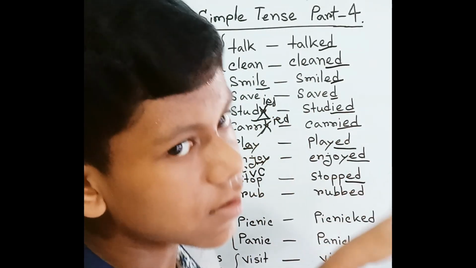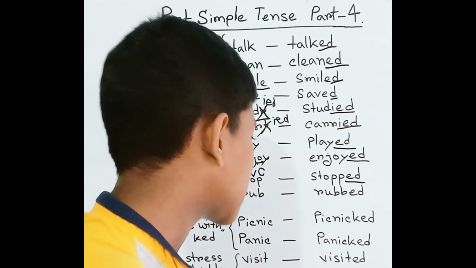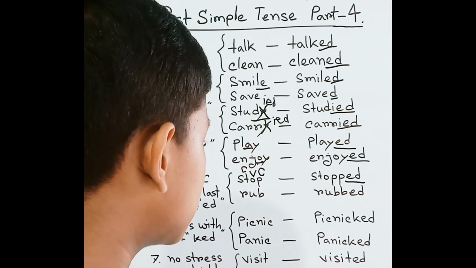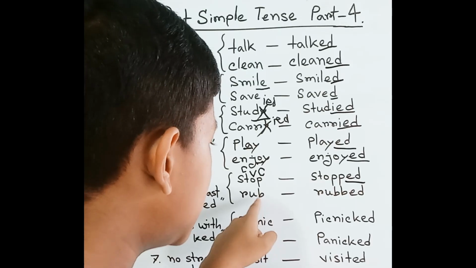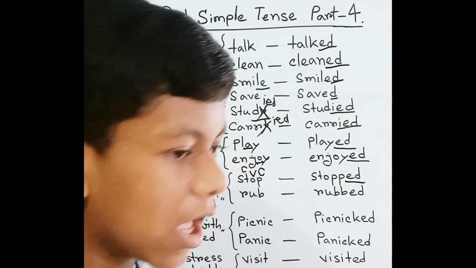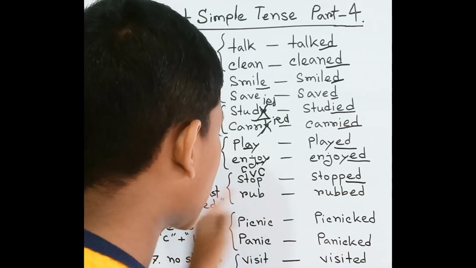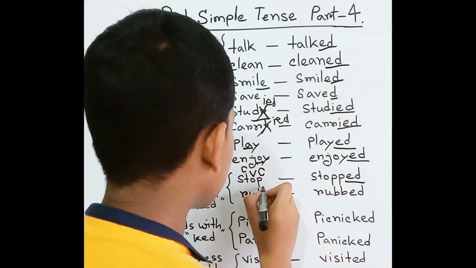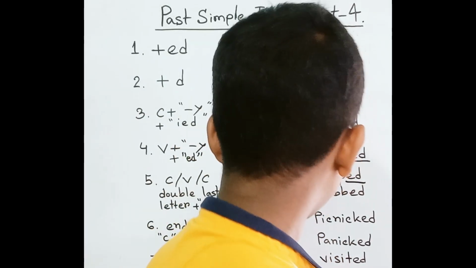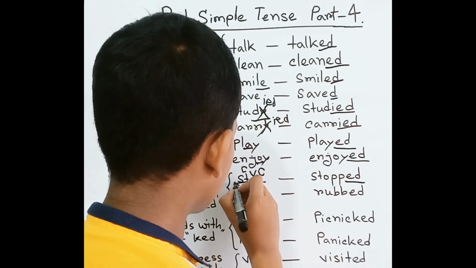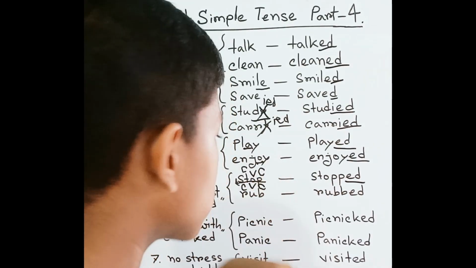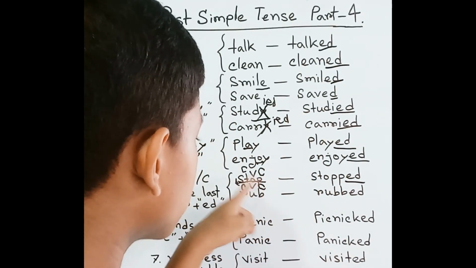Stop becomes stopped. Same here, rub becomes rubbed. Why? Because B is consonant here, U is vowel, and R is consonant. So just let me write here C, V, C. It starts from the end.